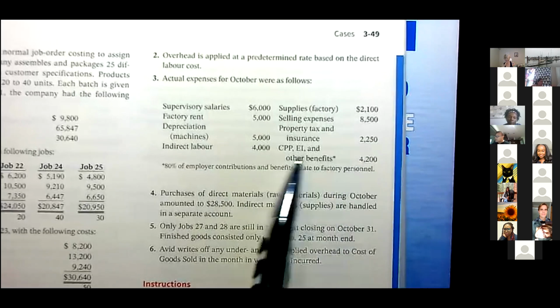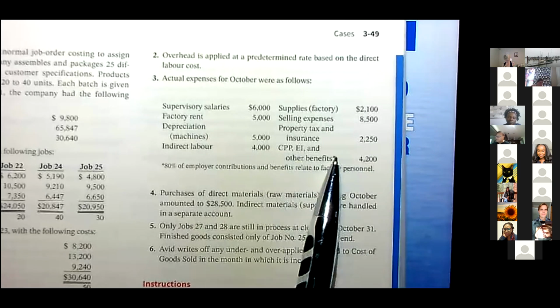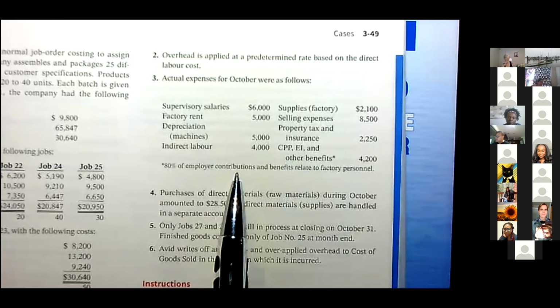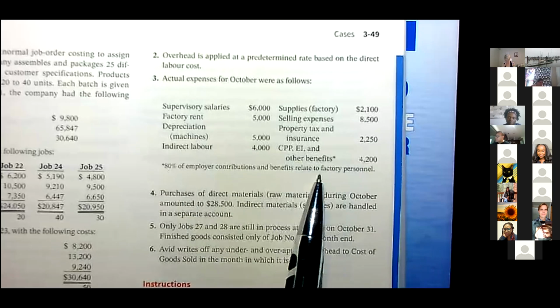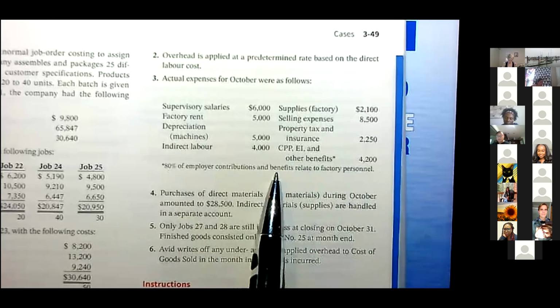For CPP/EI and other benefits, we have a star here. More information: 80% of employer contribution and benefits relate to factory personnel. This is very important information.